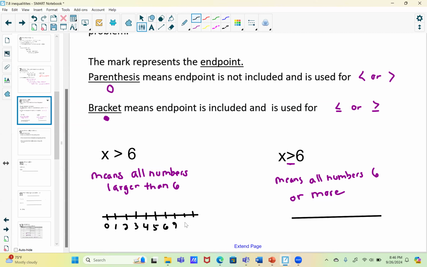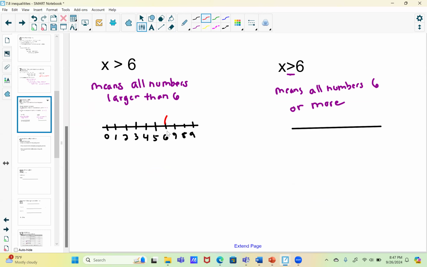So you want to draw numbers to the left of the number that you're looking for and to the right. If it's not included, I'm going to draw a parenthesis on it or an open circle. You can use either one.